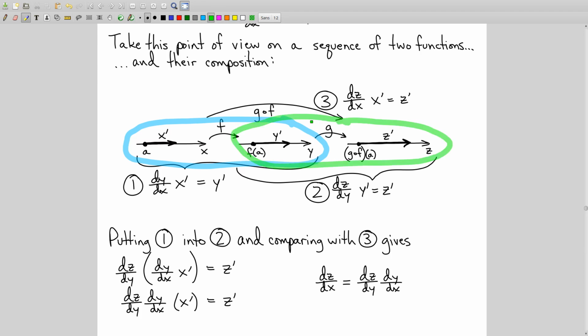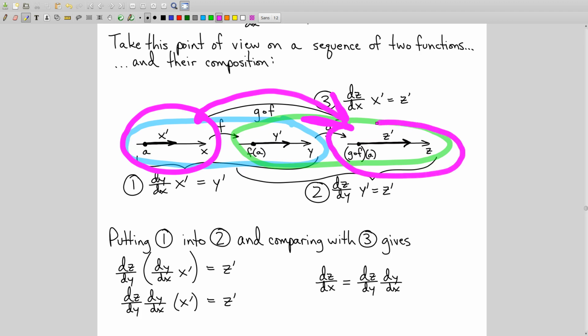I'm taking the y outputs from f and making those the y inputs into g, altogether giving me a composition, which takes x as the input and gives z as the output. All right, so we've got two functions and their composition. Everybody on board so far?